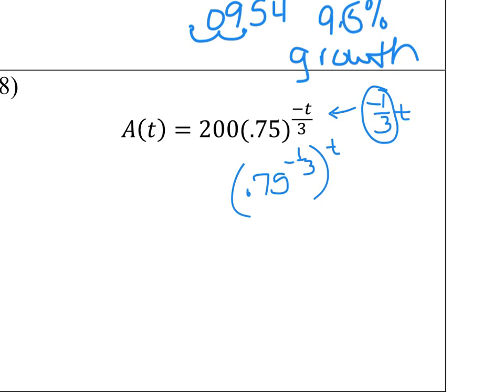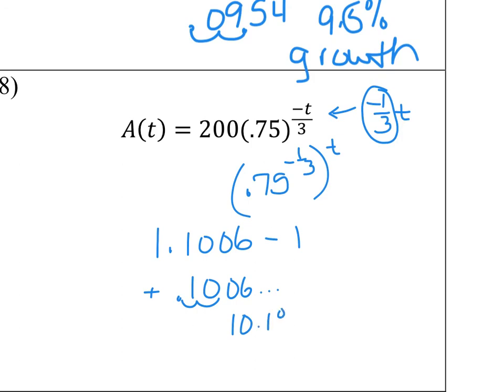It's part of the problem, but it's not part of the percent rate of change. So I get 1.1006. I subtract my 1, so I get negative. Oh no, it's positive 0.1006, etc. So moving it over 2, I get 10.1%. And this is a growth.